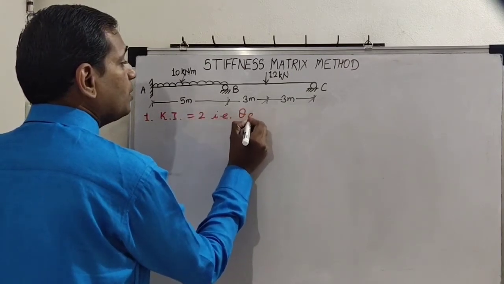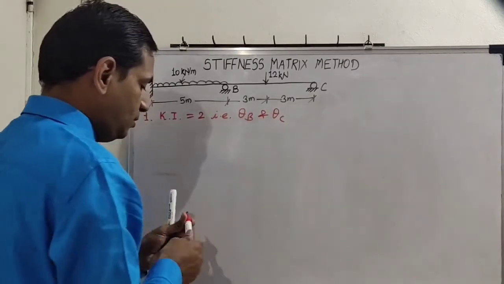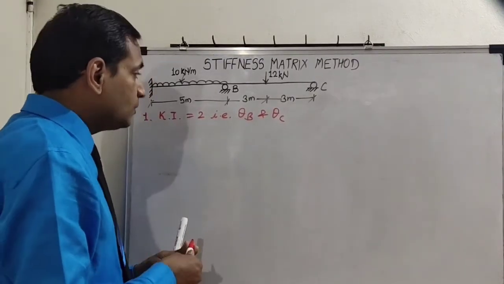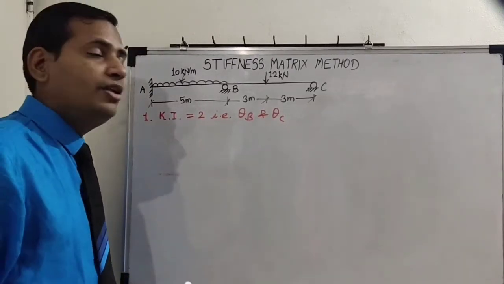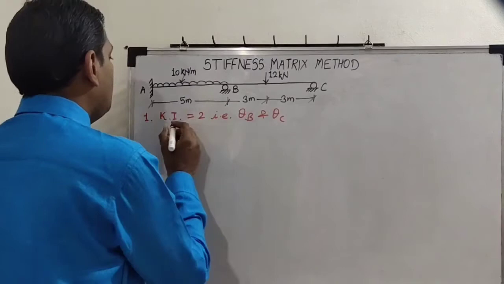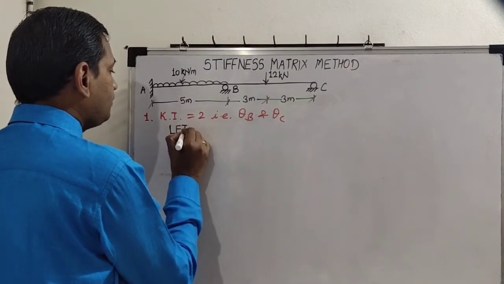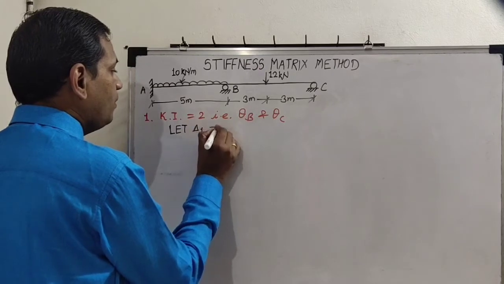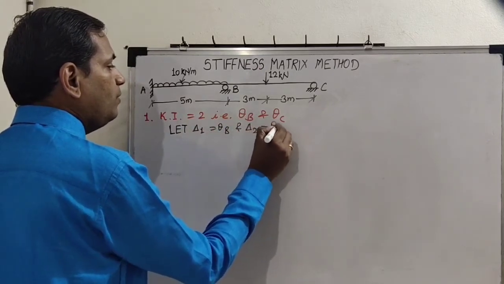Those two unknowns, displacement quantities, we shall assume as theta b and theta c. So these are two unknowns that we have to identify. We shall give numbering to these two unknowns. So let delta 1 is equal to theta b and delta 2 is equal to theta c.